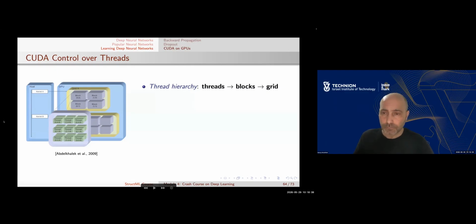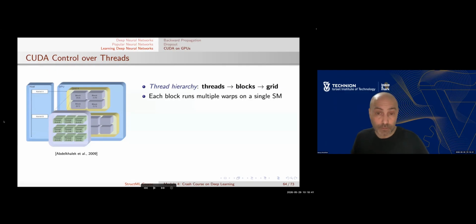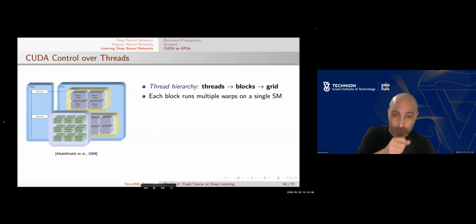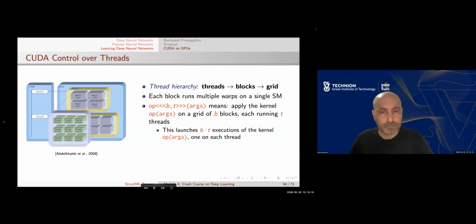Okay, just remember these terms, and each block runs a multiple of the warps. Remember, a warp is the unit the streaming multiprocessor runs, multiple warps on a single multiprocessor. Okay, so as I told you, a warp runs on a single SM, and a block maps into multiple warps, all on the single SM.